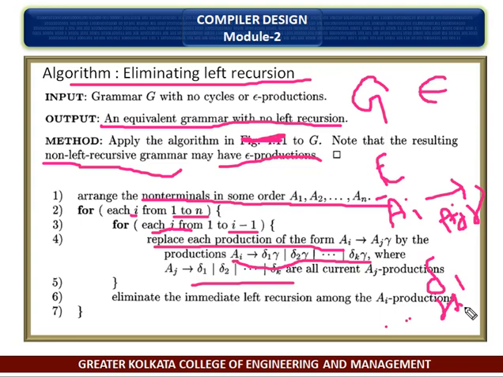Then eliminate the immediate left recursion among the Ai productions. Okay, so this is clear.